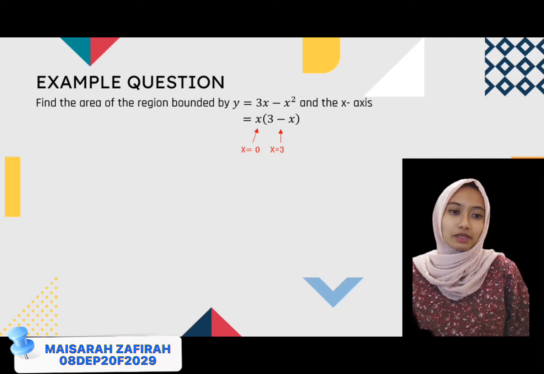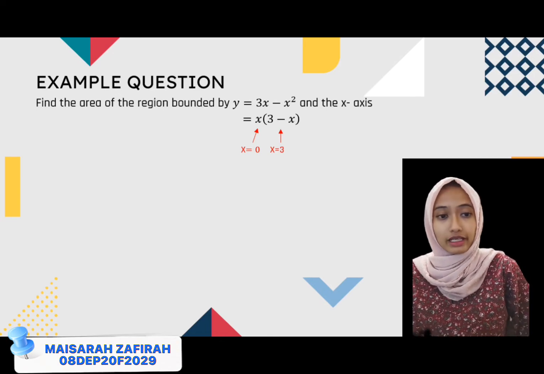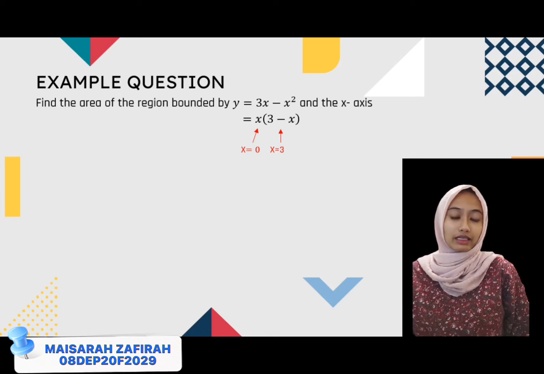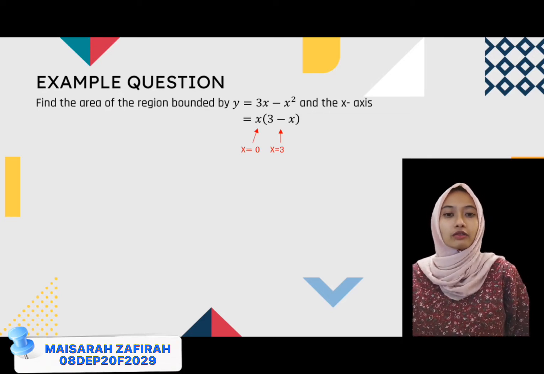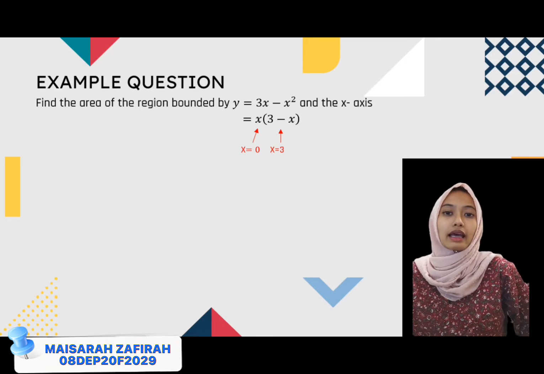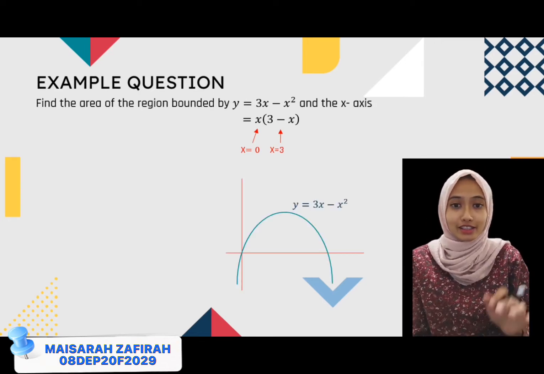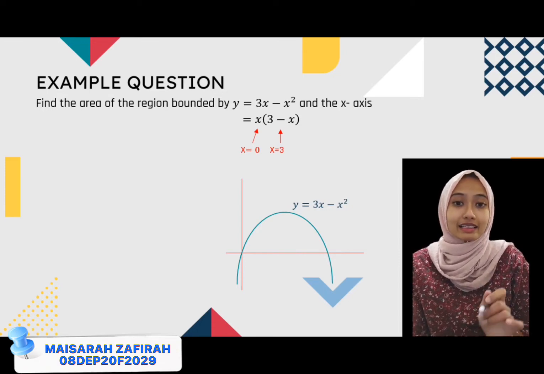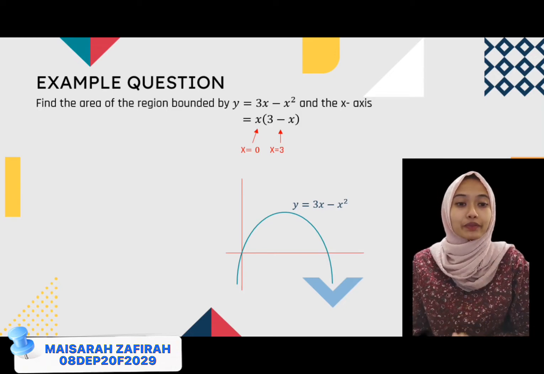It is upside down, and first we must factorize. The common factor is x. We can tell that the first x is equal to 0 and the second one, from 3 minus x, is equal to 3. Okay, now here's a rough sketch. We know that the curve intersects the x-axis at 0 and also at 3.